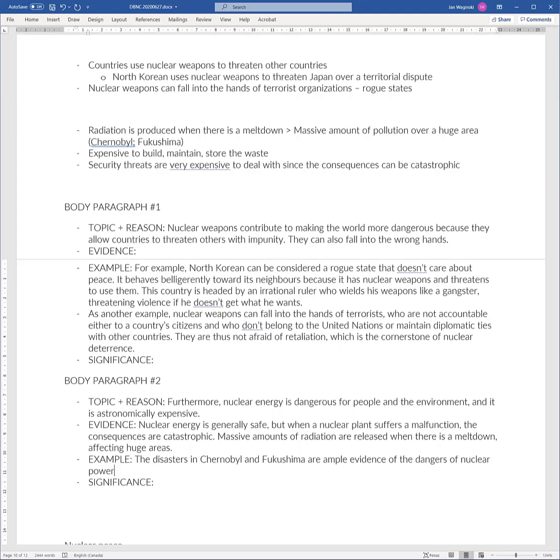The dangers of nuclear power. I mean, these examples have happened because of failure.